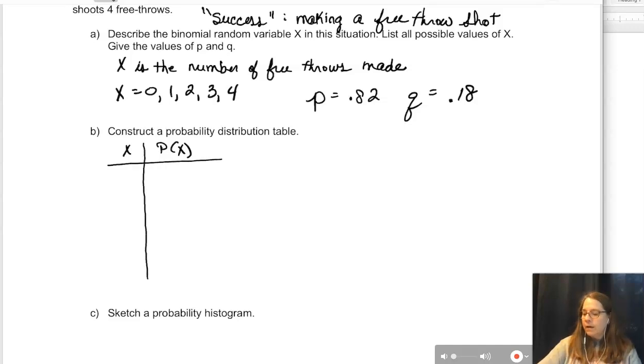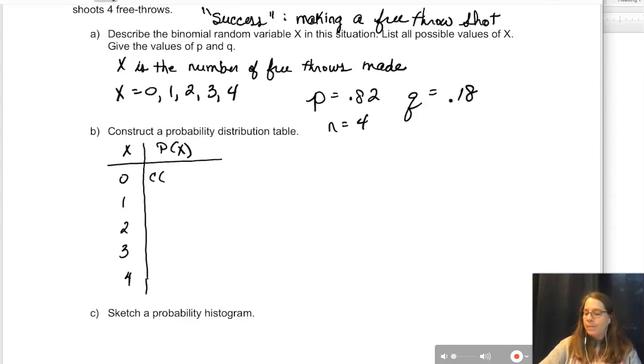X can be any value, 0, 1, 2, 3, or 4. To find the probability of each of these values, I'm going to use the formula I learned about on the first page. The number of trials is 4, because that's the number of shots she's going to attempt. To find the probability that she makes none of her shots, that means that all of her shots were missed.